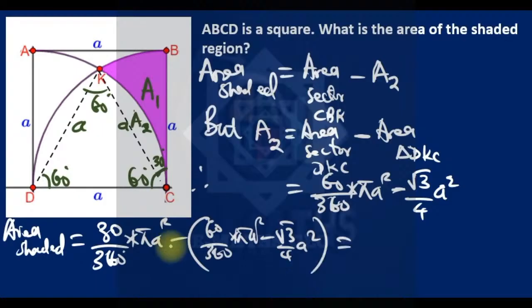So as you can see, minus times this is √3 over 4 a squared. I'm solving from the back because I want to subtract this from this. So this times this is this.